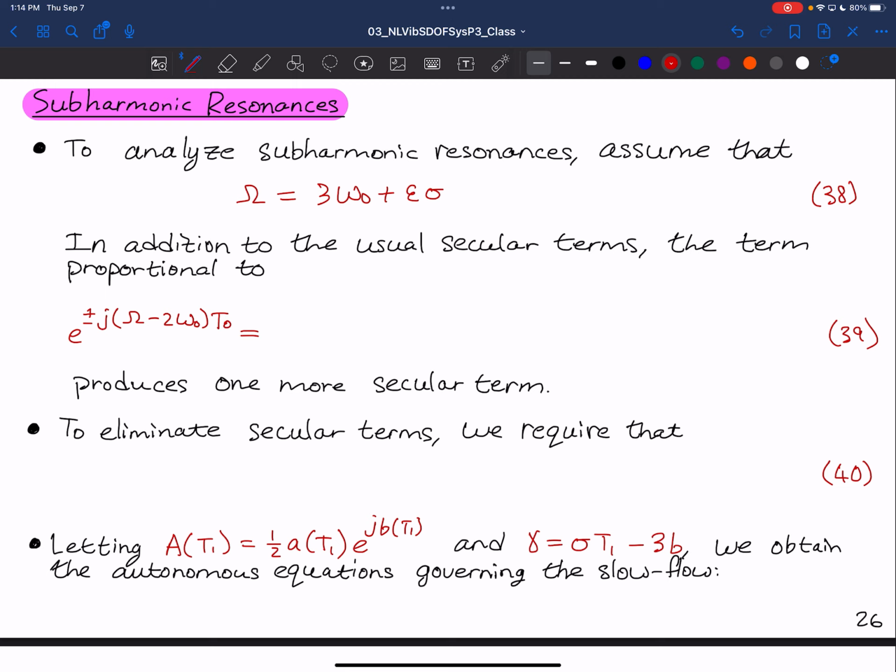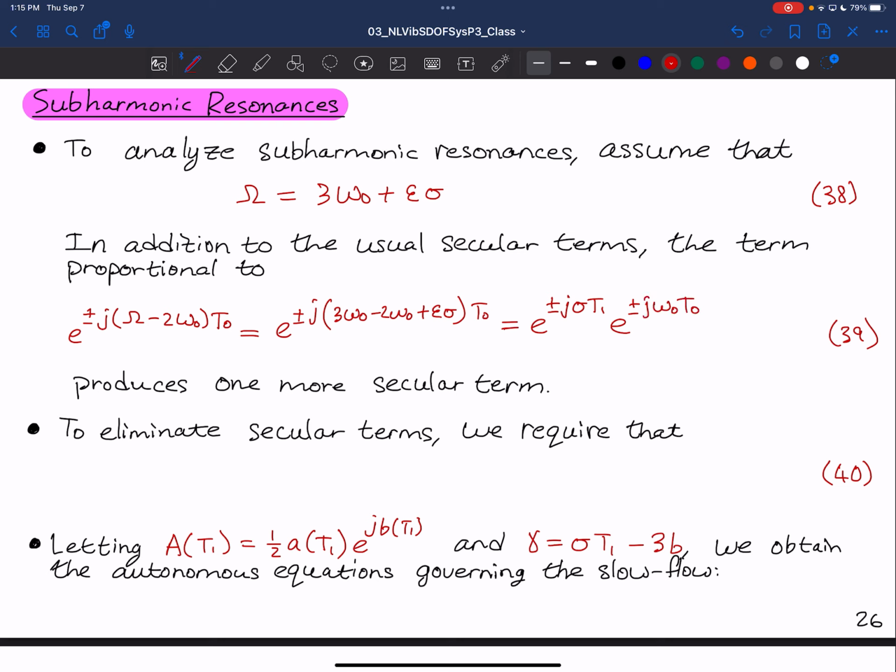Okay, so in addition to the usual secular terms, we are also going to have the term that I've listed there. If we go ahead and substitute in the relationship for capital omega, we'll get e to the plus or minus j times 3 omega 0 minus 2 omega 0 plus epsilon sigma, all of that multiplied by T0, which is then equal to e to the plus or minus j sigma T1 times e to the plus or minus j omega 0 T0.